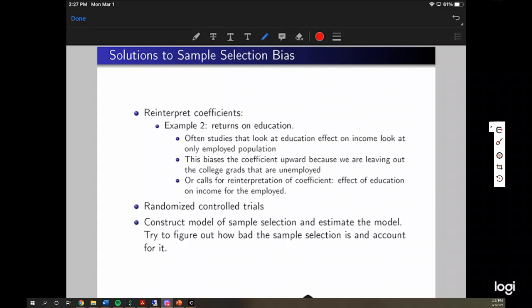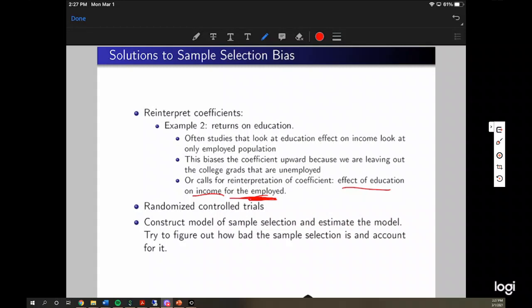This calls for reinterpretation of the coefficients. We would think of it not as the effect of education on income, but as the effect of education on income for the employed.